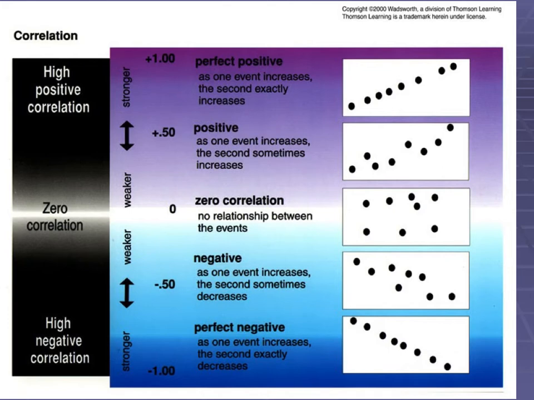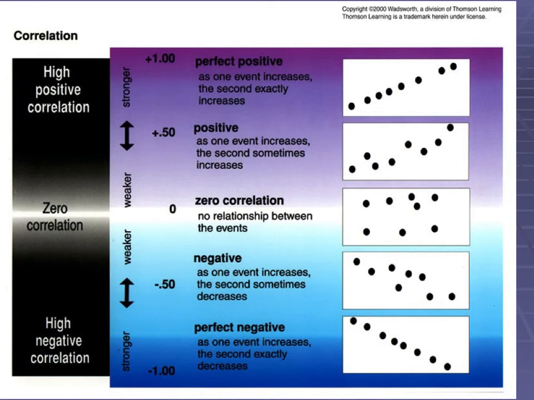And the strength of that correlation, so we were talking about positive and negative correlations, that's talking about direction of the correlation. The strength of that correlation is how regularly they do these things. So in a perfect positive correlation, as one event increases, the second exactly increases. So we have a nice straight line, just like we have in a perfect negative correlation. These things are always moving together.